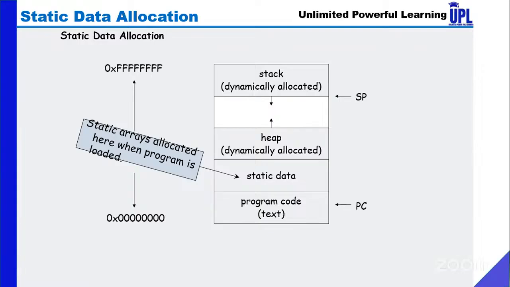As we already discussed in the first session, it is stored in the hard disk, the secondary storage device. But if you want to execute it, it has to be loaded to the main memory. The main memory may be 128 MB or 512 MB or 1 GB. That main memory is divided in this type of structure.